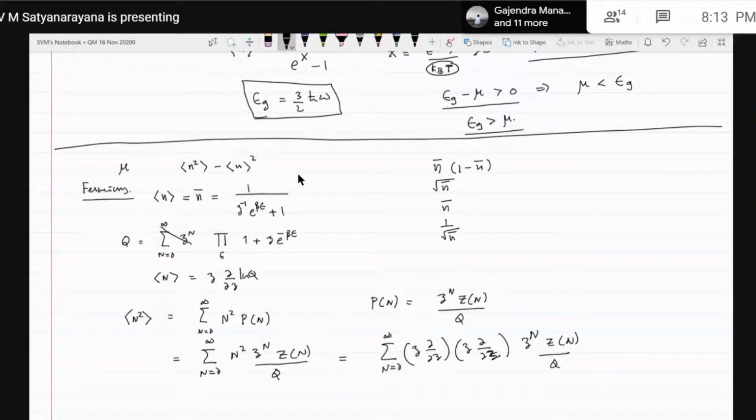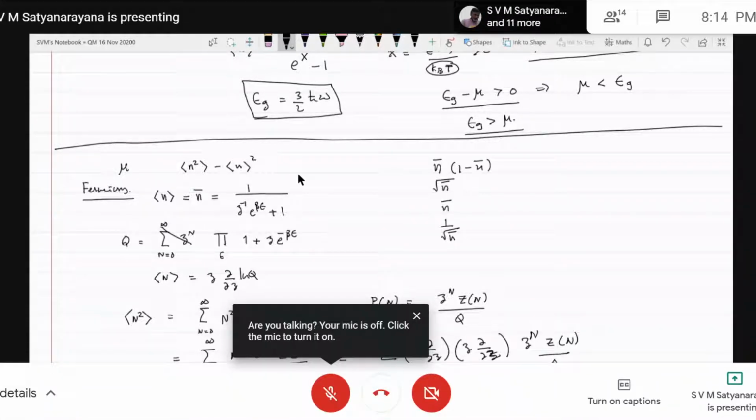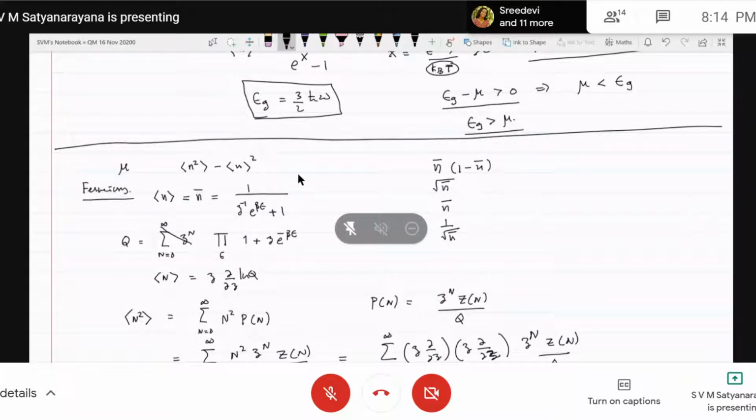So when you write dou by dou z, you get n into z to the n minus 1. When you multiply with this z, it becomes z to the n again. So you get the same thing. This implies that I can write this as z dou by dou z the whole square acting on Q, with 1 by Q outside.